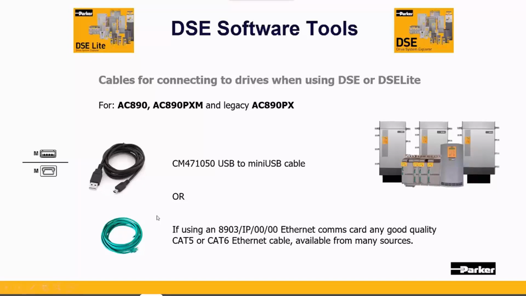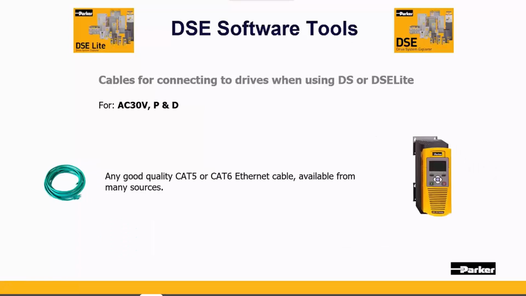Again, online or from your local office supply, to do that programming over Ethernet if that's how you choose to do it. If you've got an AC30, Ethernet ports are standard. Again, any good quality Cat5 or Cat6 Ethernet cable from many sources other than Parker.